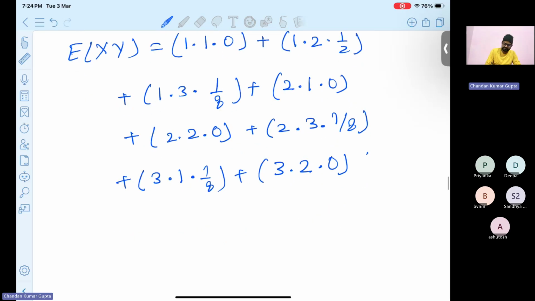And the last, x equal to 3, y equal to 3, probability is 1 by 8.